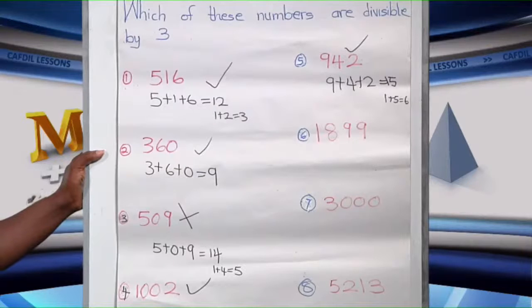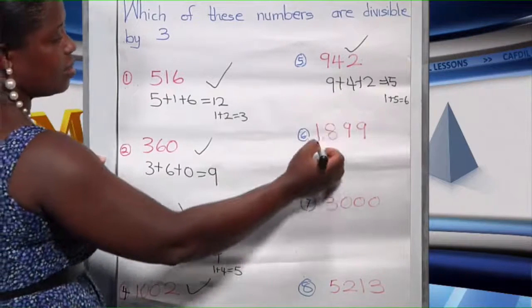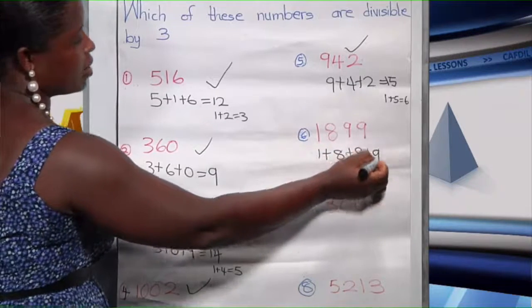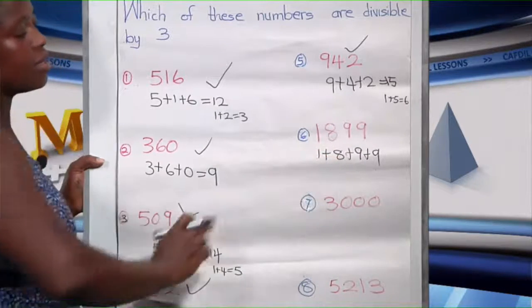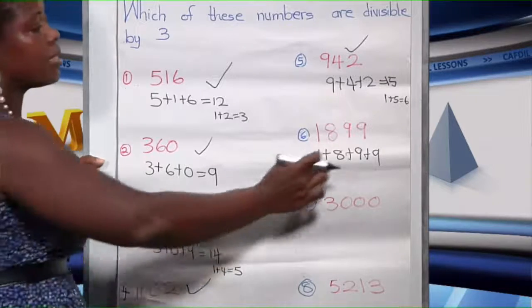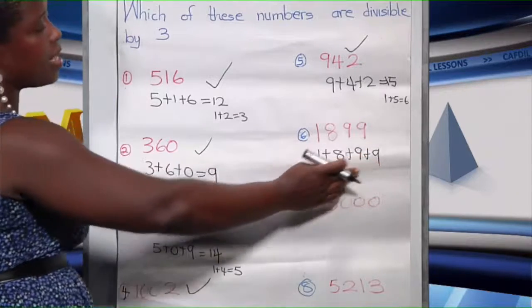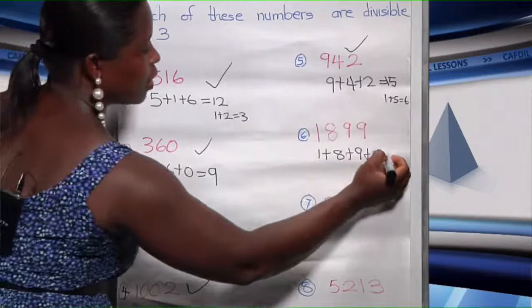I have more. 1899. Let's check if that number is divisible by 3. Let's use the rule and add all the digits. So 1 plus 8 plus 9 plus 9. Let's do it together. 1 plus 8 is 9. 9 plus 9 is 18. 18 plus 9 will give us 27.